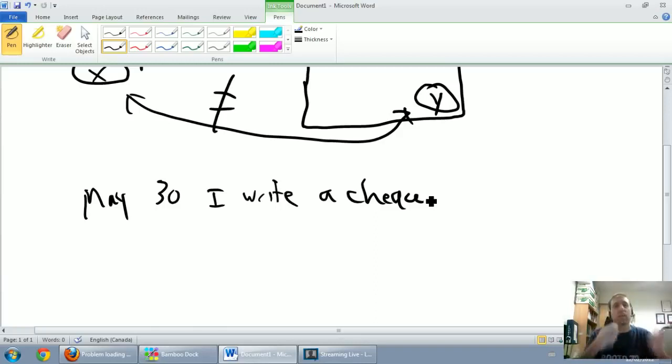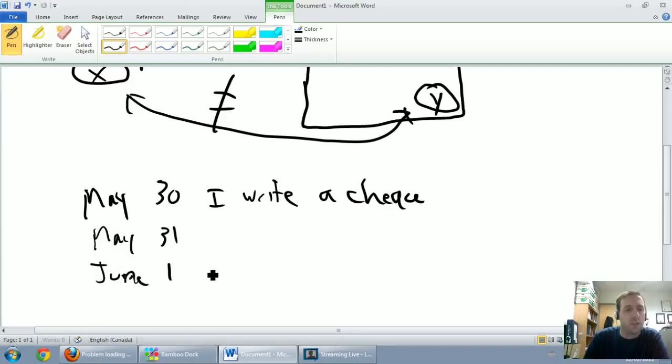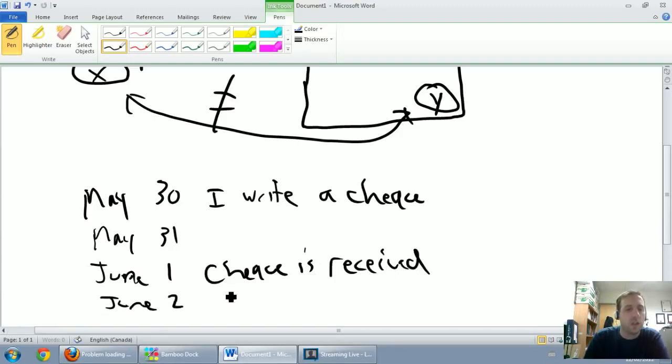I lick the stamp, I lick the envelope, and I put a check in the mail to pay the utilities bill. So on May 30th, I put the check in the mail. May 31st, the check gets delivered. June 1st, the check is received. And on June 2nd, they deposit the check.